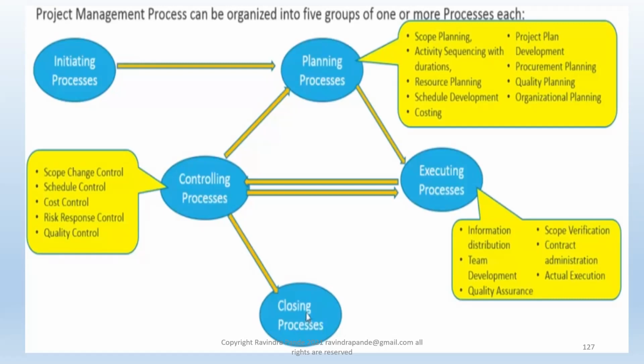First, the controlling process group, in terms of understanding the scope change control, schedule control, cost control, risk response control, and quality control. So all these controls basically give us a clear idea of how you can manage the project effectively, how you can manage the project in terms of micromanagement. You are the leader, you are the first time leader as far as project management goes, right?